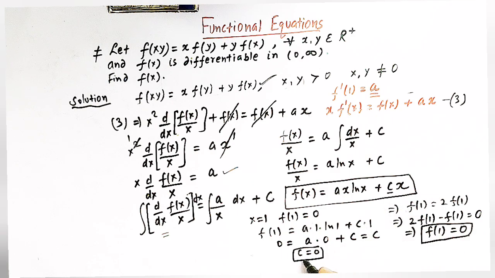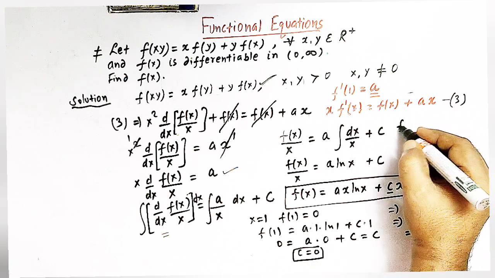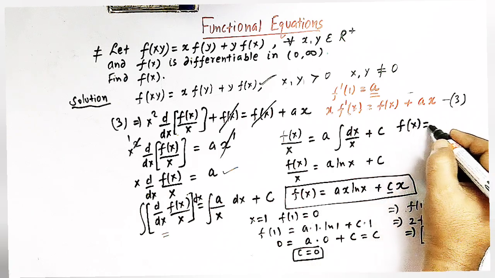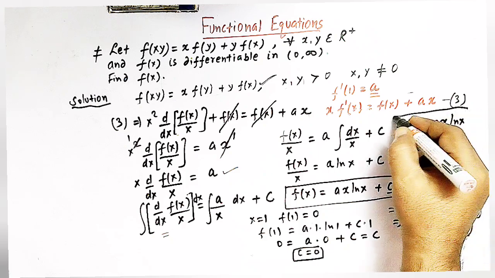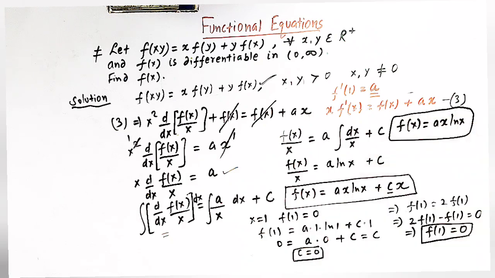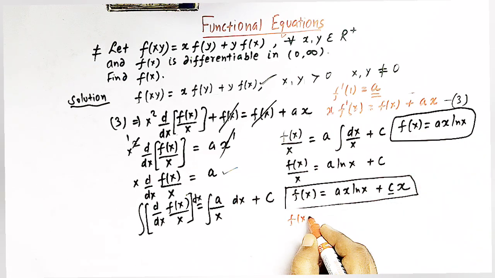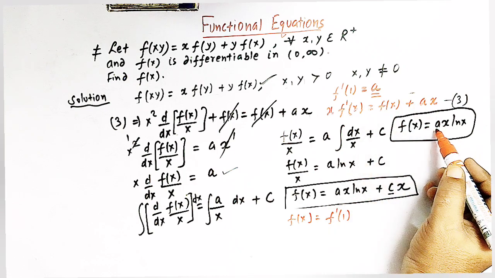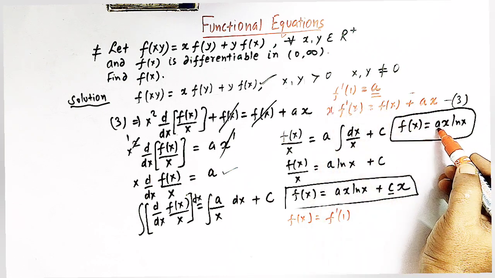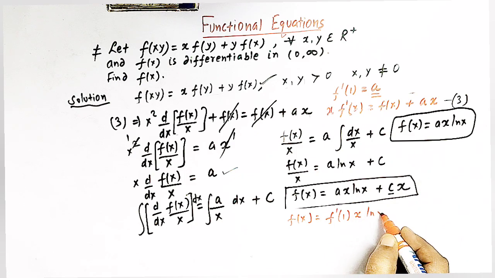Now let us substitute this value of c in this equation. So we have f(x) is equal to ax log x. So this is our required function. So we can also write this function f(x) as f'(1) x log x, because a is f'(1).